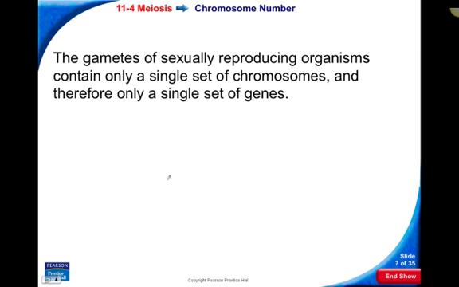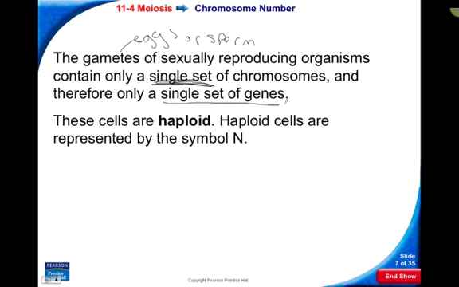The gametes of sexually reproducing organisms, remember gametes are eggs or sperm, contain only a single set of chromosomes and therefore only a single set of genes. These cells are called haploid, and a good way to remember this is they contain half of the chromosomes of all of the other cells in your body.